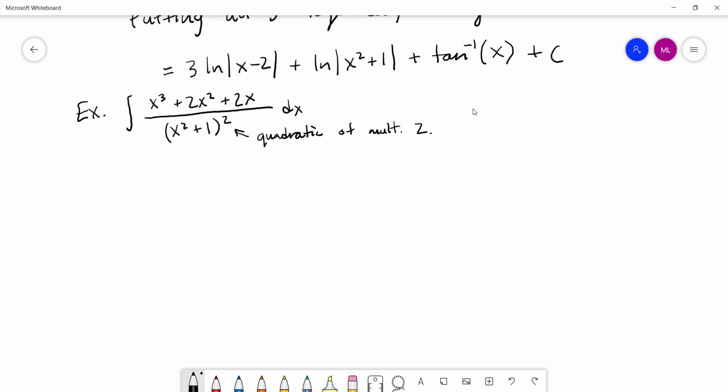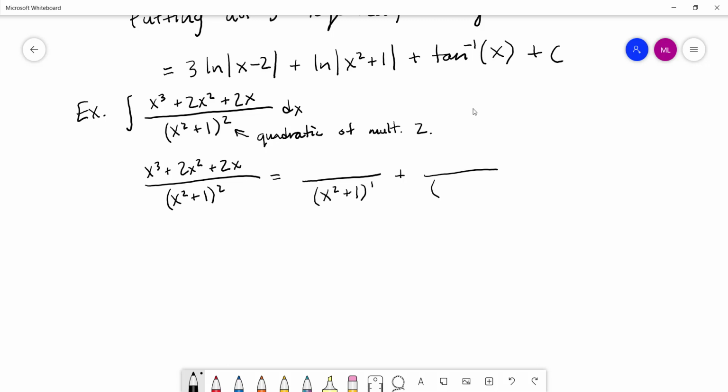So what that means is if we want to rewrite it, we're going to have x cubed plus 2x squared plus 2x over x squared plus 1 quantity squared equal to something over the x squared plus 1 to the first power plus something else over x squared plus 1 to the second power.